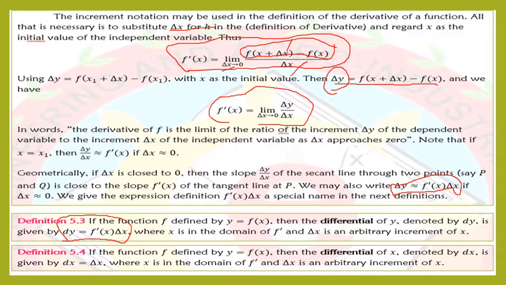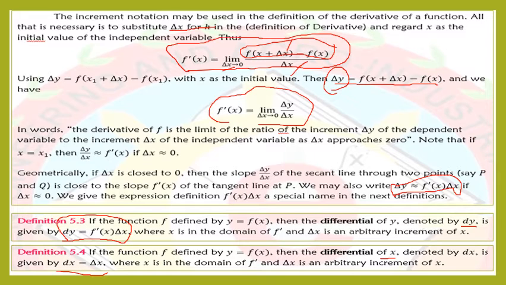Another definition is if the function f is defined by y equals f of x, then the differential of x denoted by dx, okay, dx na yan, ibig sabihin yan differential of x, dy differential of y, is given by dx equals delta x, where x is in the domain of f prime and delta x is an arbitrary increment of x.